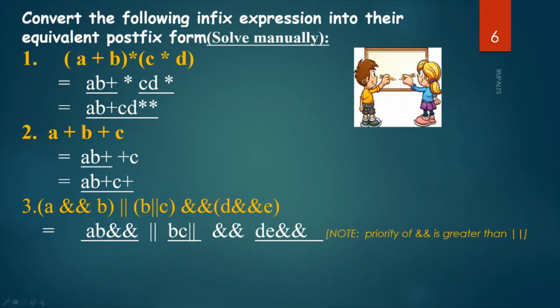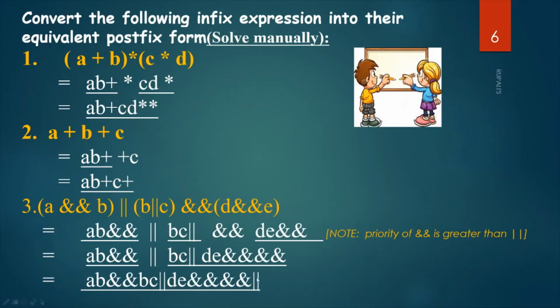Because AND operator priority is greater, first you have to do on AND operator. So AB AND or BC or DE, this AND goes at the last. So now imagine this one is one operand, this one is another operand. In between these two there is one OR operator. So after converting this expression into its postfix form, we get this result.